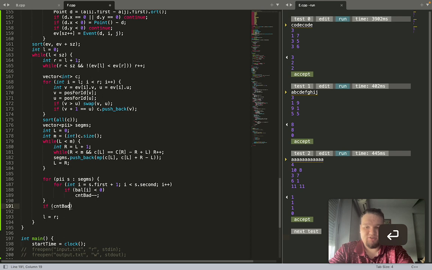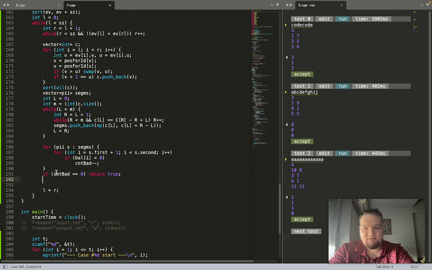And if I don't have any bad balances, just return true. Okay, so now I do have negative balances still, even though on every segment I can choose any order. So I have to move on. I need to reverse every segment and recalculate balances and count them again.